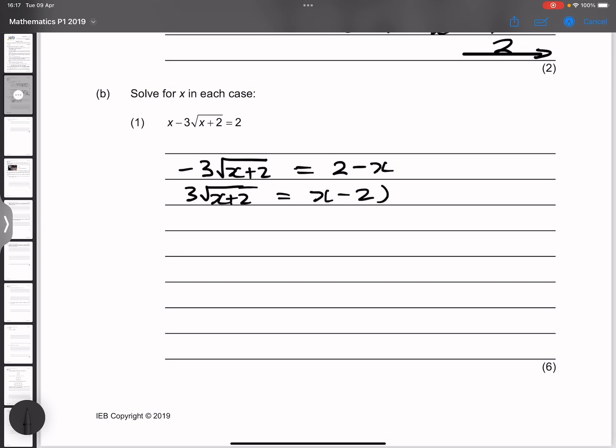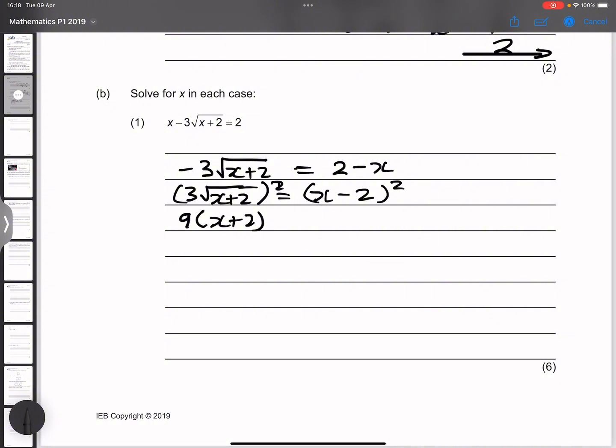So what I'm going to do is I'm going to square both sides. What do I have? I'll have 9 into x plus 2. Remember once you square, in this case, you square the 3, so it's 3 squared, and the square root squared removes the square root.